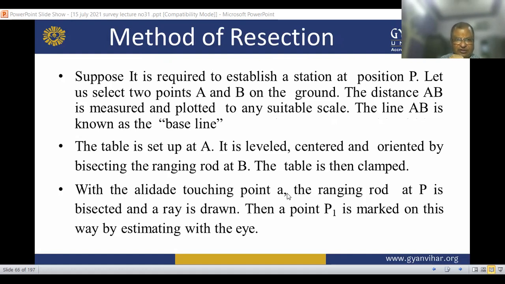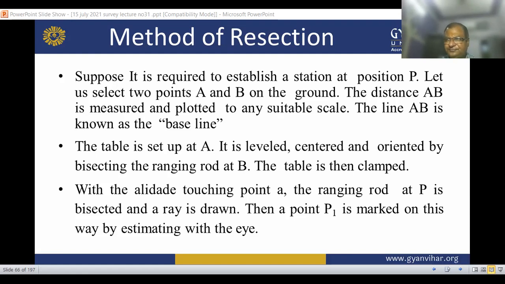In the method of resection, suppose it is required to establish a station and its position. We select two points A and B on the ground. The distance AB is measured and plotted to scale, and the line AB is known as the baseline.